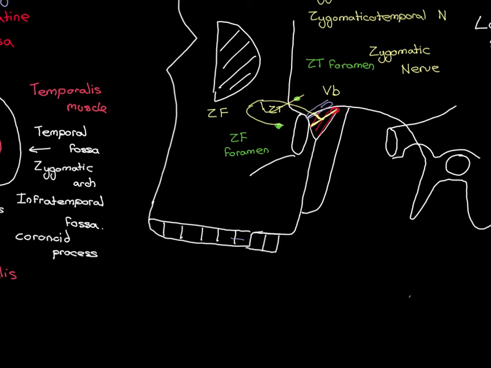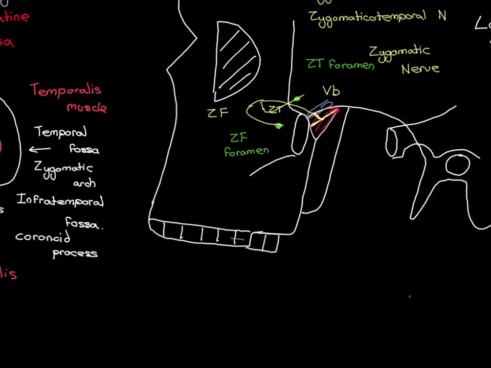So what are these going to innervate? Well, remember, they're going to carry the peripheral processes of pseudo-unipolar primary sensory afferents, and they're going to just innervate with sensory innervation the areas that they've reached. So this is going to cover the cheek, the zygomaticofacial nerve here. The zygomaticotemporal nerve is going to cover part of the temporal region here.